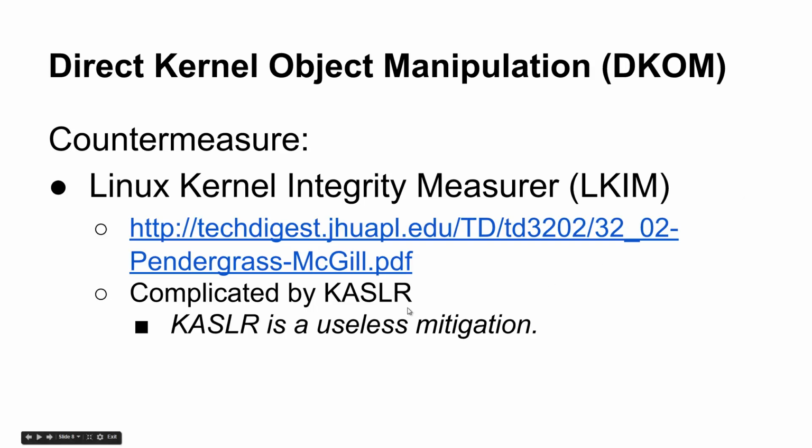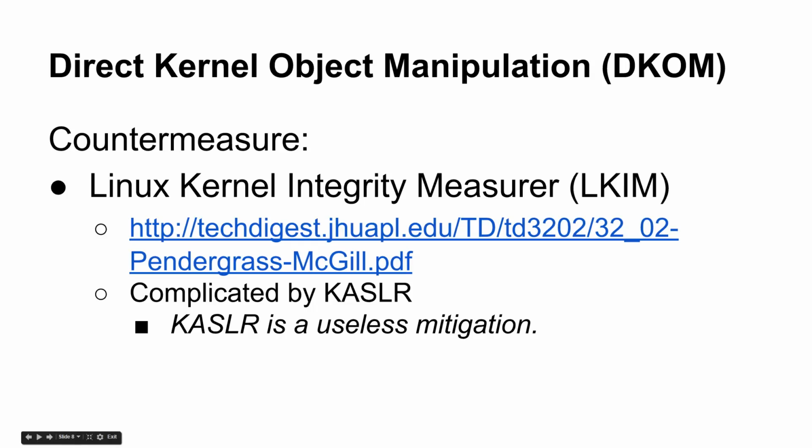Unfortunately, this is complicated by randomization issues, most notably kernel ASLR, which we will touch on in a later point in this class during the exploit development lectures. But kernel ASLR is effectively useless at mitigating kernel exploitation because of how many information leaks and address disclosure vulnerabilities there are just strewn throughout the kernel and all of its drivers.